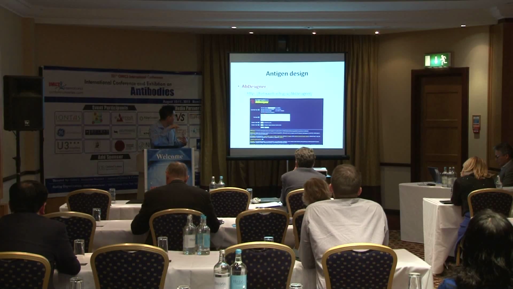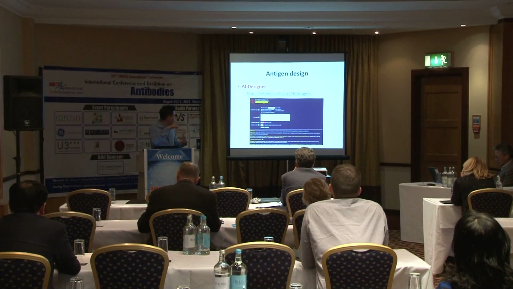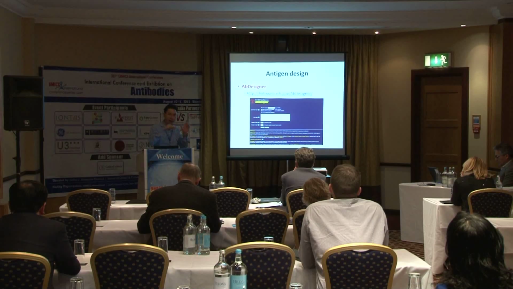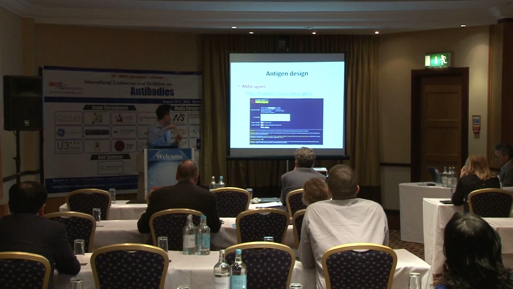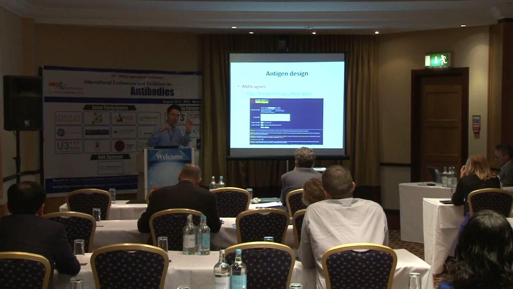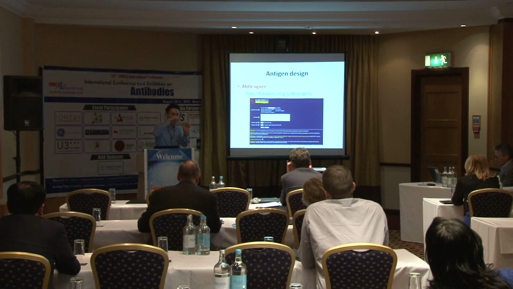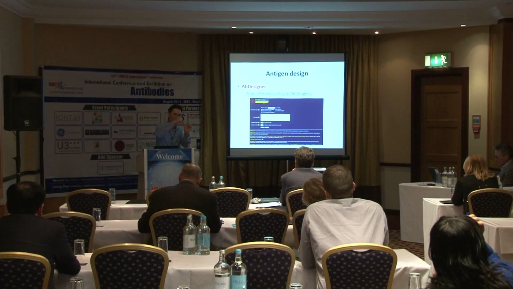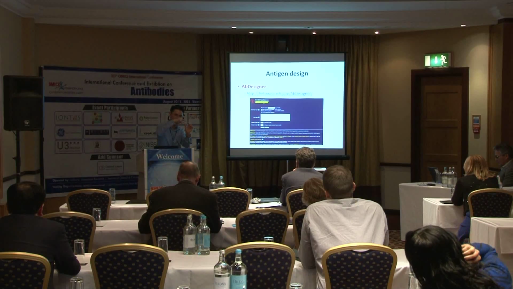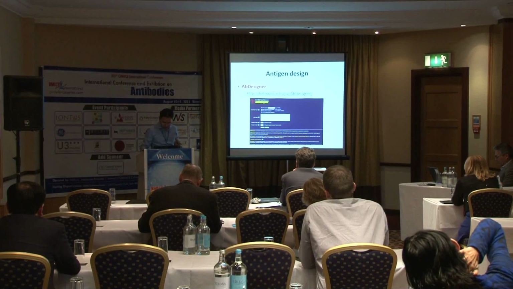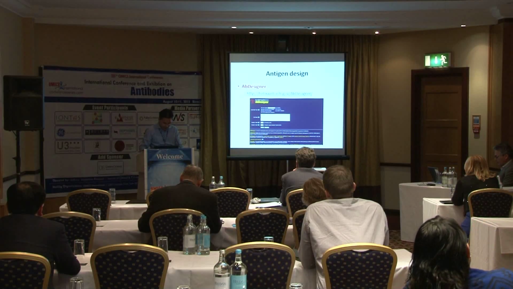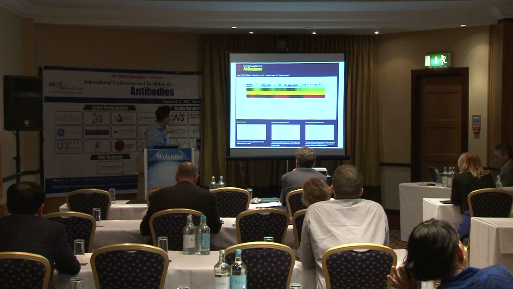Then you can tell how long the peptide should be, and you can play with the epitope length. Epitope length means you have to predict how big of an epitope the antibody really binds.